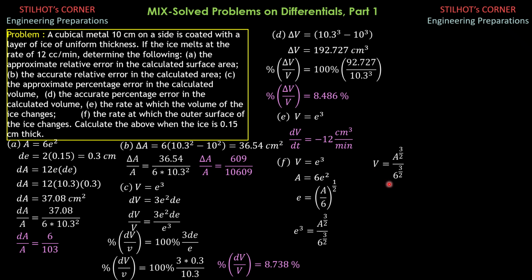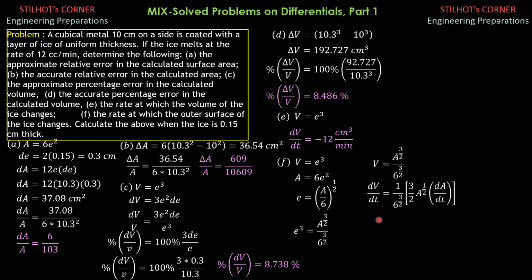Differentiating volume with respect to time, we also differentiate the right side with respect to time. So dV/dt is 1 over 6 to the 3/2 times quantity 3/2 area to the 1/2 times the derivative of area with respect to time. We simplify this: 6 to the 3/2 is 6 square root of 6, 6 times 2 is 12, and 3 over 12 is 1/4.